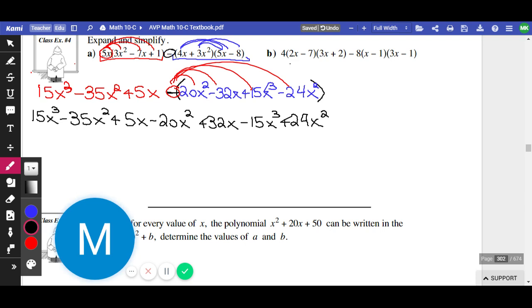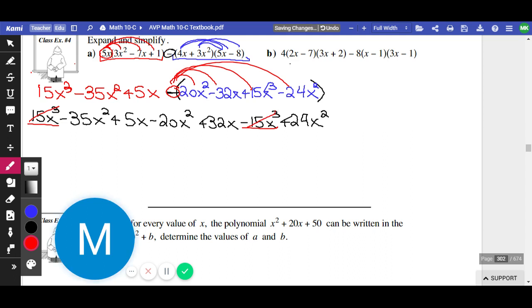Looking at that long string of terms, there's a lot there. You've got like terms. It can be hard to pick out the like terms in here. So a strategy I've seen is that people put some sort of line or symbol underneath. So for instance, if I have x cubed, I'll put a straight line under it. Okay, there's my x cubed. 15 minus 15 would cancel out.